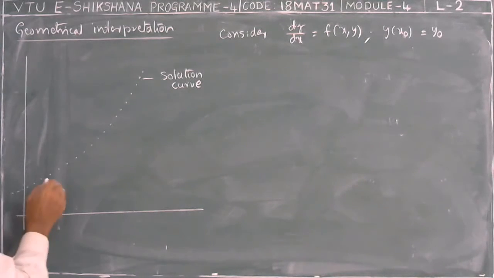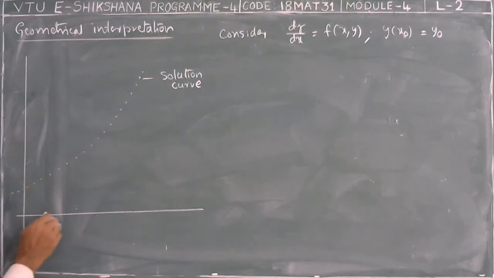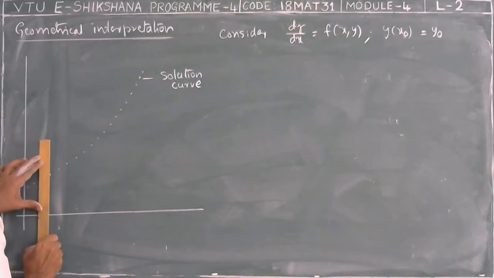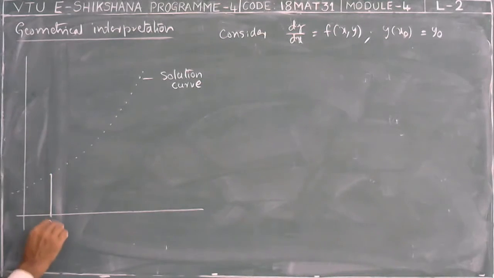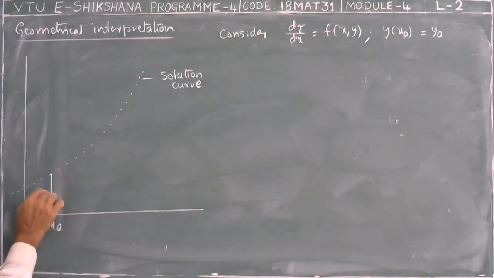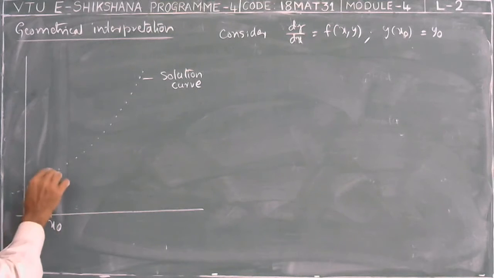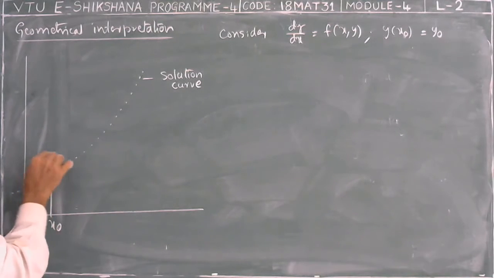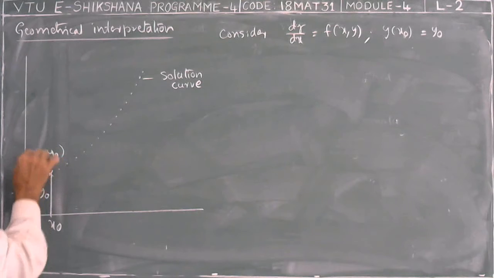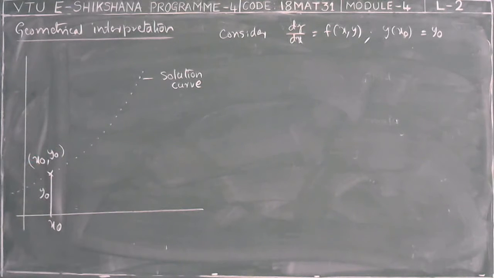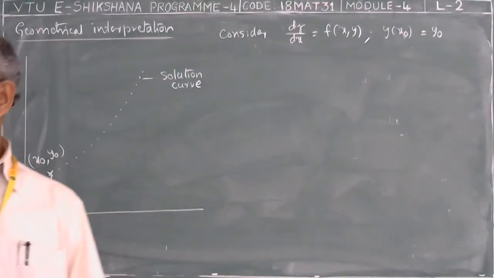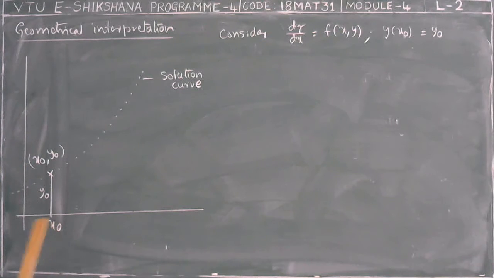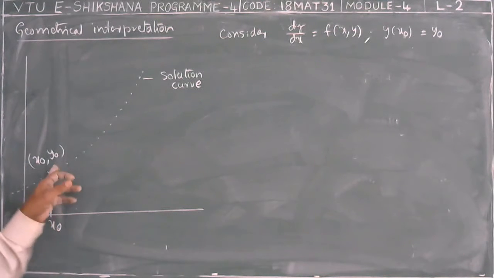Now the initial condition is, let us say this is x naught, corresponding value y naught, so this is x naught comma y naught. Draw a tangent to the curve at x naught comma y naught.